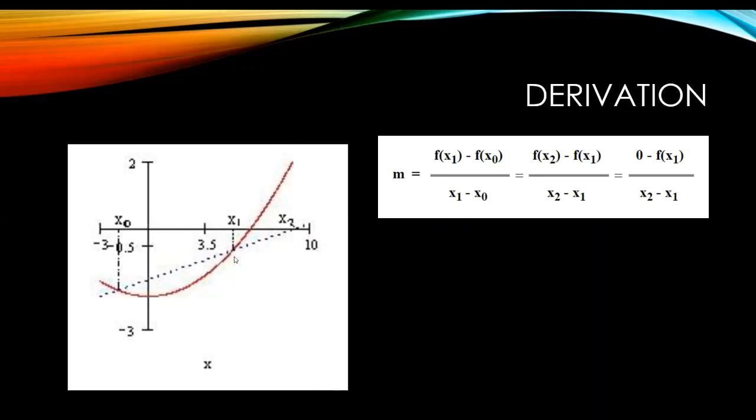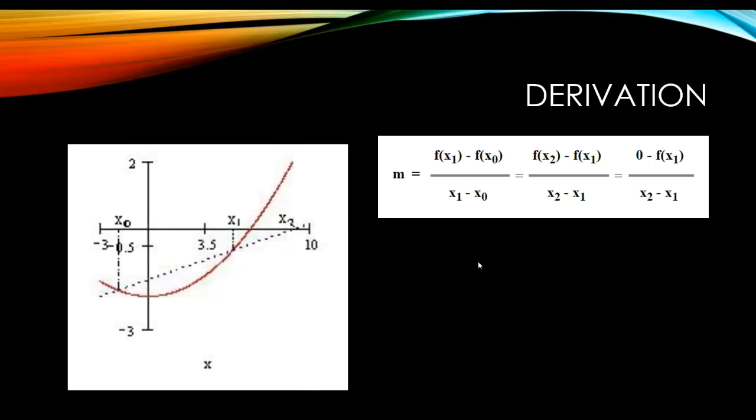And for x sub 1 to x sub 2, we have the same slope, because it's just a continuation from x sub 0 to x sub 1 to x sub 2. So the slope is the same, and we could say that it's equivalent to the slope between x sub 1 and x sub 2.